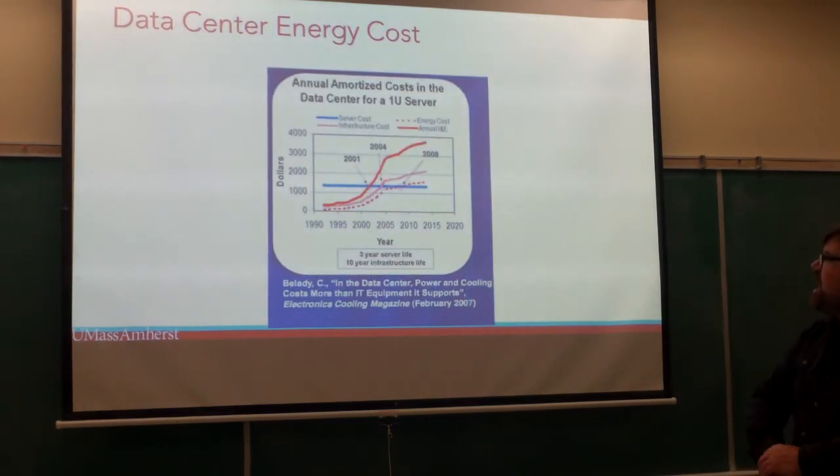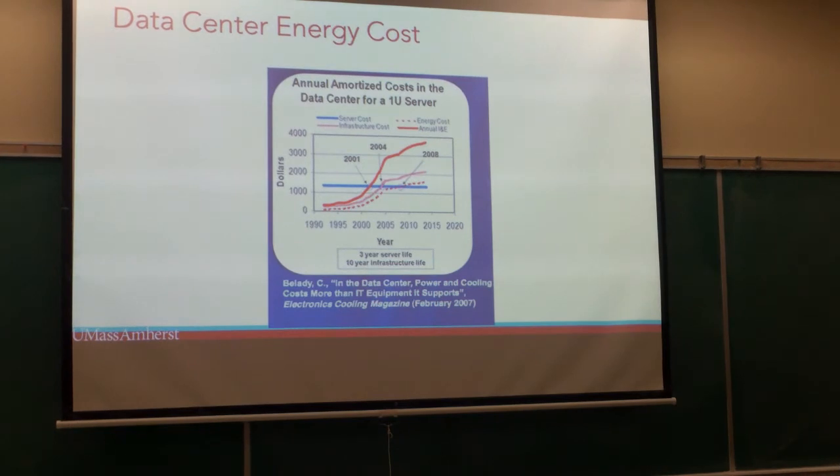And then, looking at the amount of money a data center has cost to run over the last 30 years, it's gone up quite a bit. If you look at what the contributors are here, there's basically the cost of infrastructure, so that's replacing equipment in data centers.